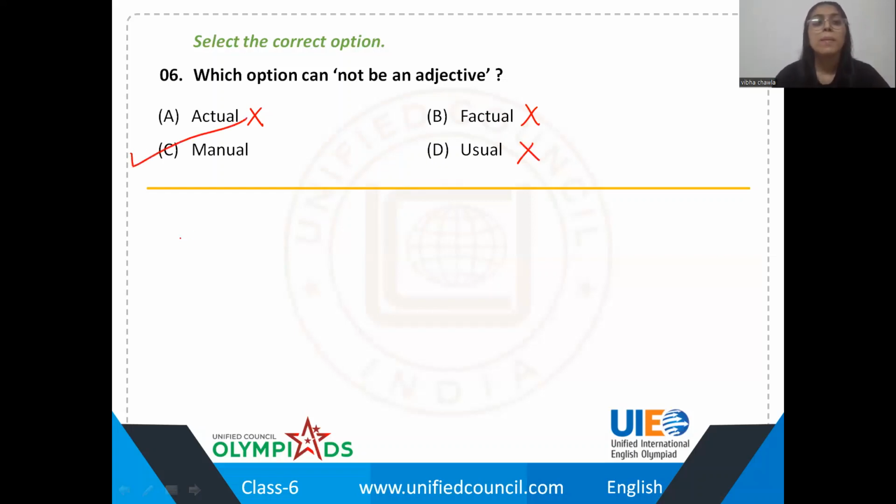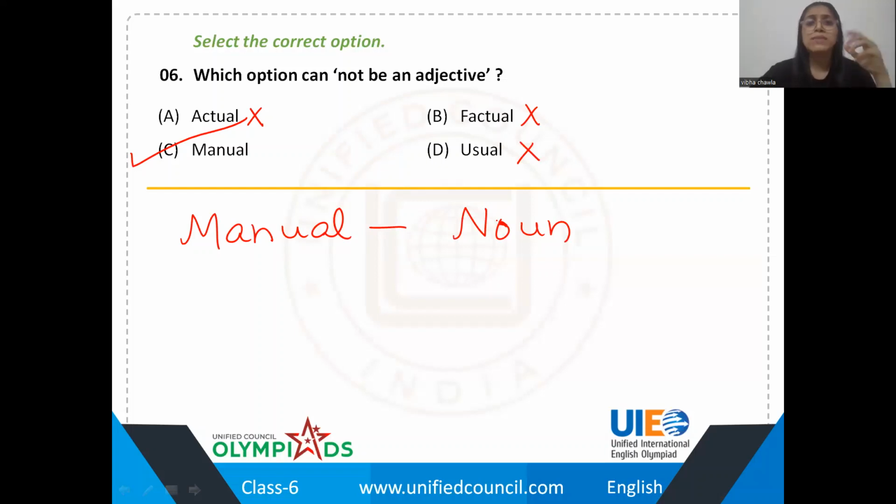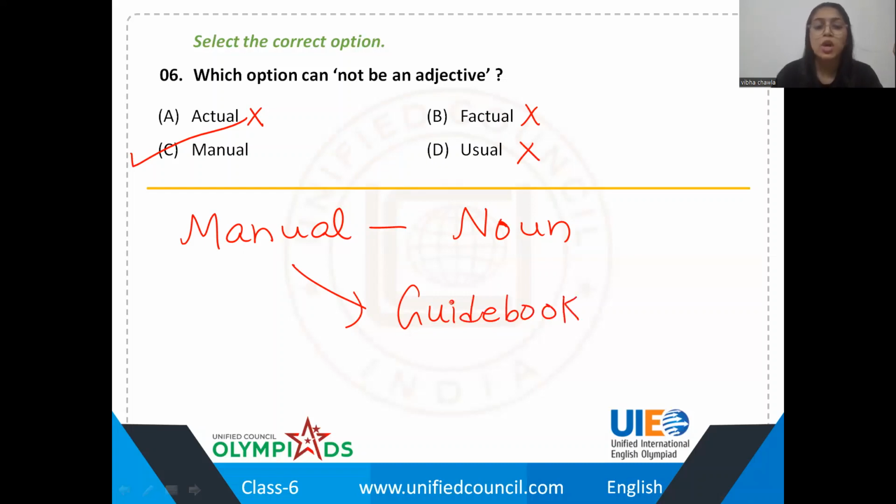The only word manual is the one of the following which cannot be an adjective, because it can be a noun also. Whenever you purchase a refrigerator or maybe a washing machine, you get a manual with that, right? You get a user manual in which all the things are mentioned. It's like a guidebook that tells you how to use that particular product. So manual as a noun means guidebook. So definitely our right answer is option C.